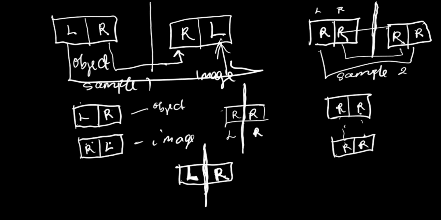So when the mirror does the lateral inversion, it affects this object. So we can say in sample 1 that the object here is asymmetric. It doesn't have symmetry because one half is not identical with the other half. However, if we take a look at our object here, we can see that there is symmetry. In other words, this object here can be said to be symmetric.